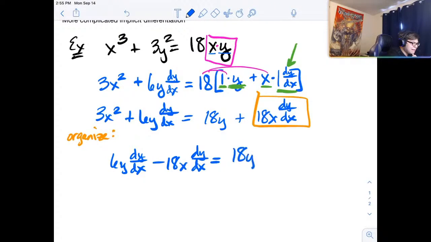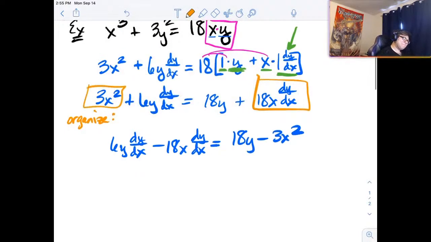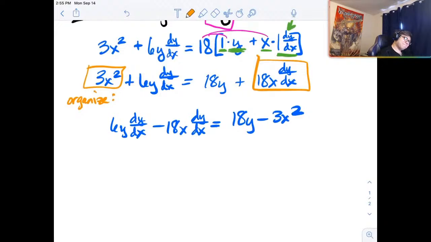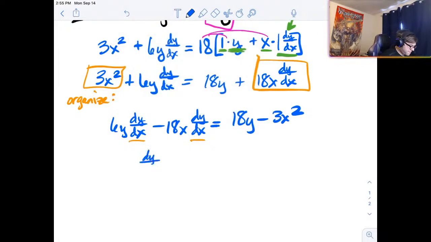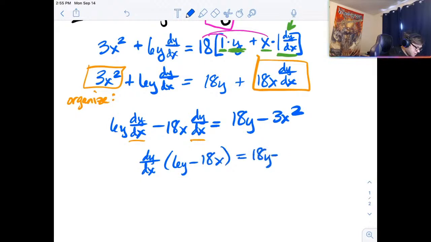And anything that does not have a dy/dx attached to it gets moved over to the other side. So you see me subtracting over the 3x squared. Once again, the reason we are required to do the organization is because dy/dx now shows as a common term to both of those, and we can factor that out in front.